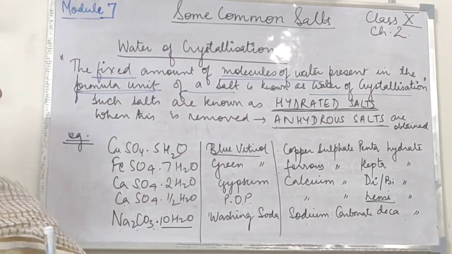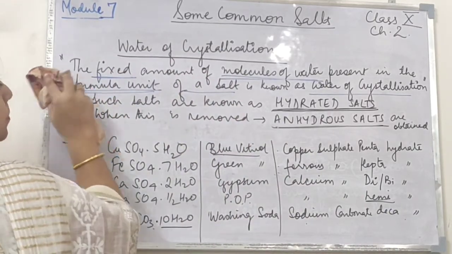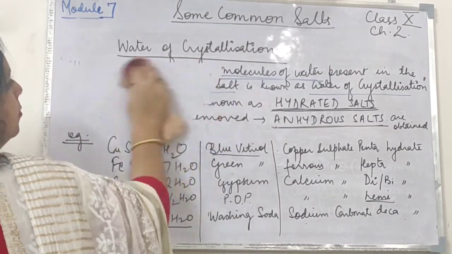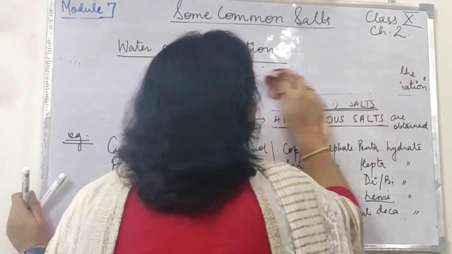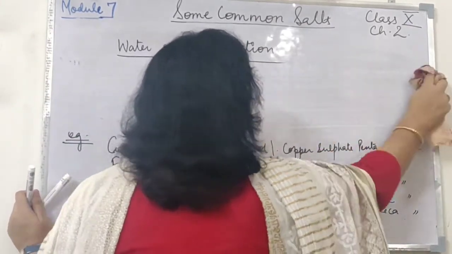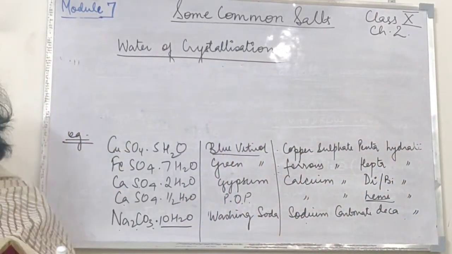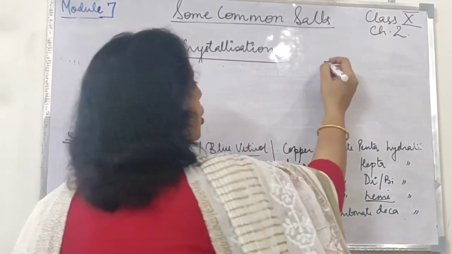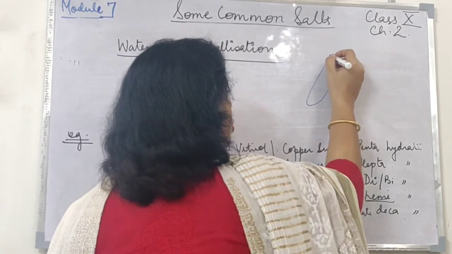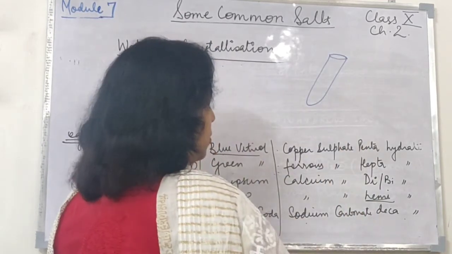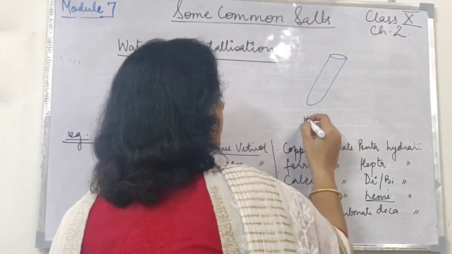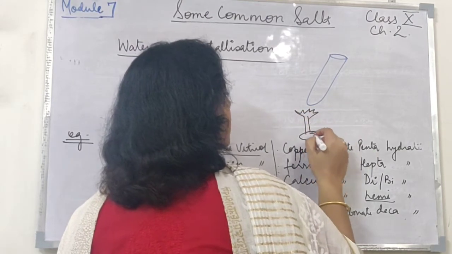Now children, if we take any of these salts in a test tube, and suppose we take copper sulfate, this is a test tube, and I take a burner.